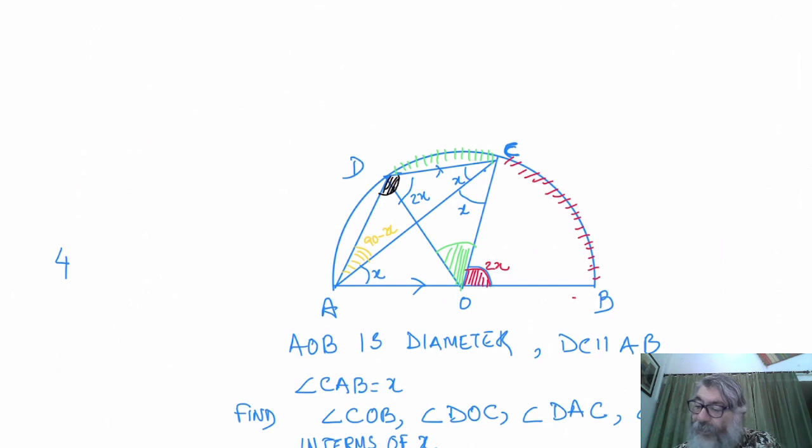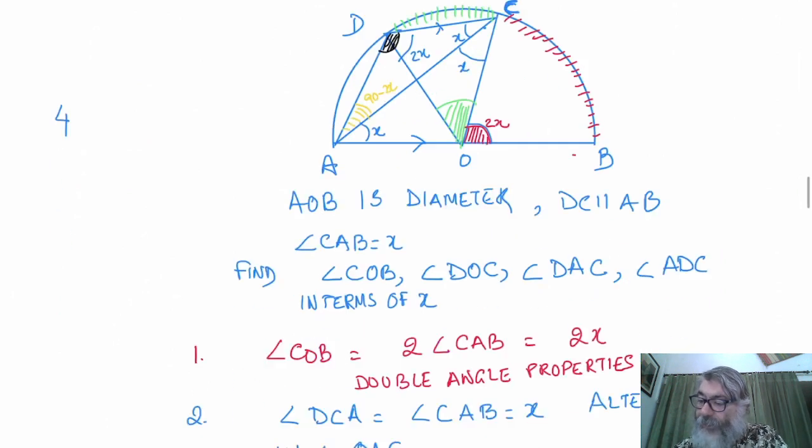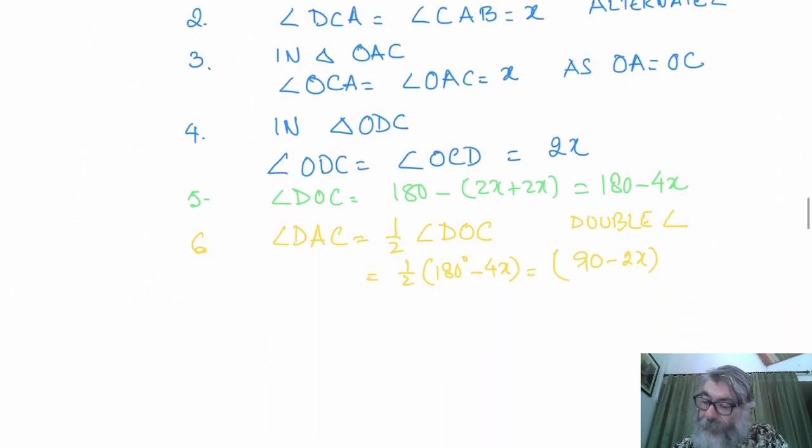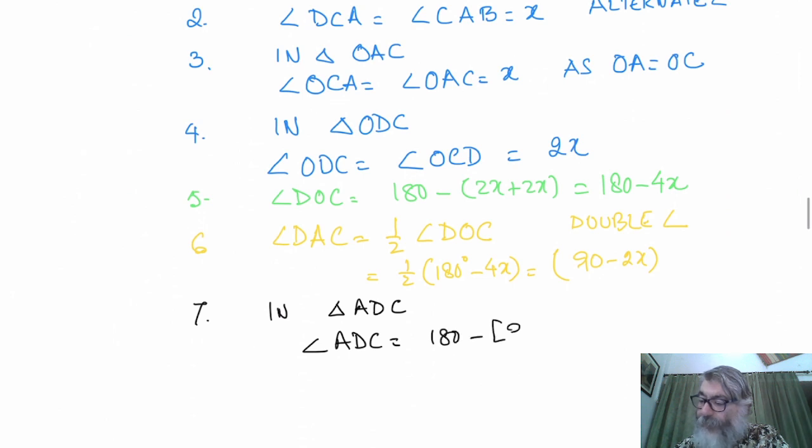Now in triangle ADC, he wants angle ADC, which is given in black color. In triangle ADC, angle ADC will be equal to 180 minus the sum of 90 minus 2x and x.